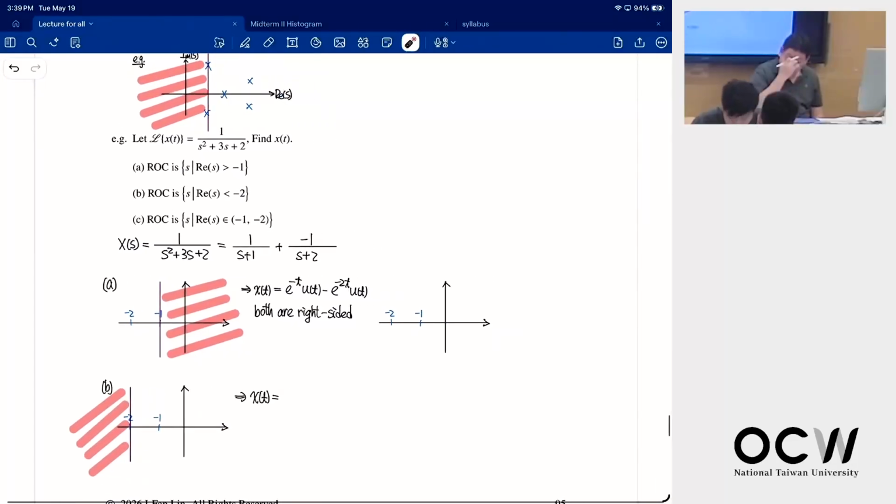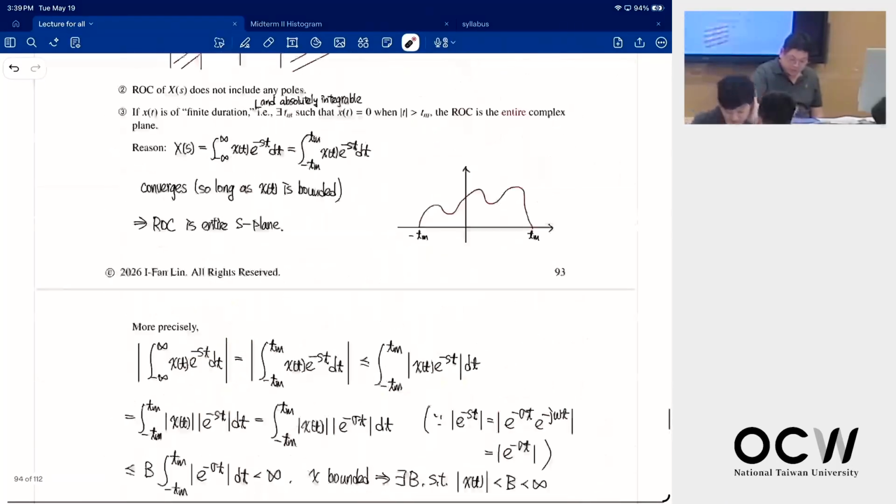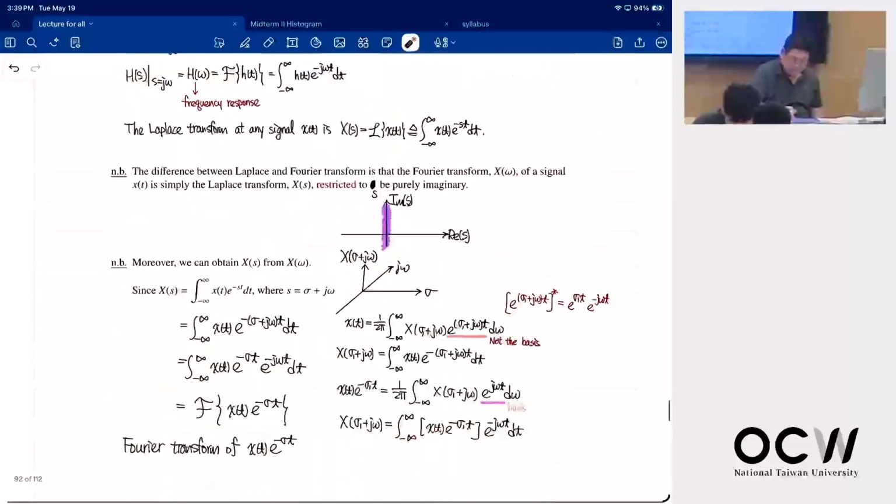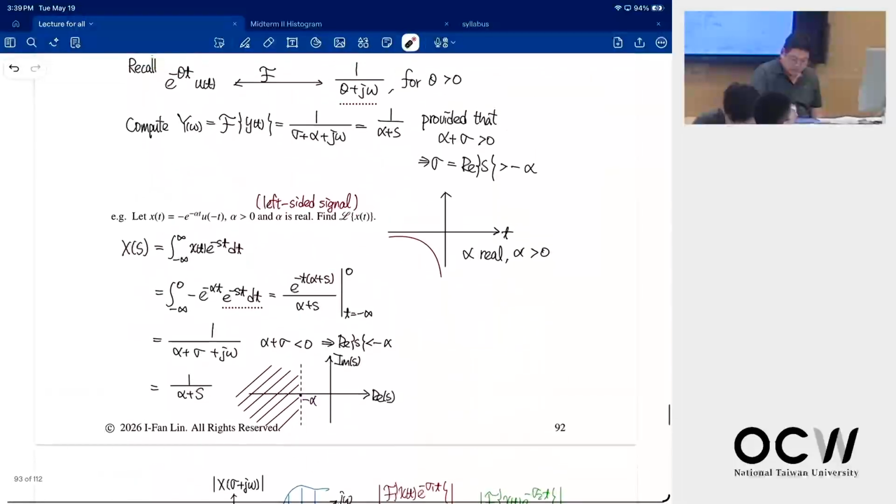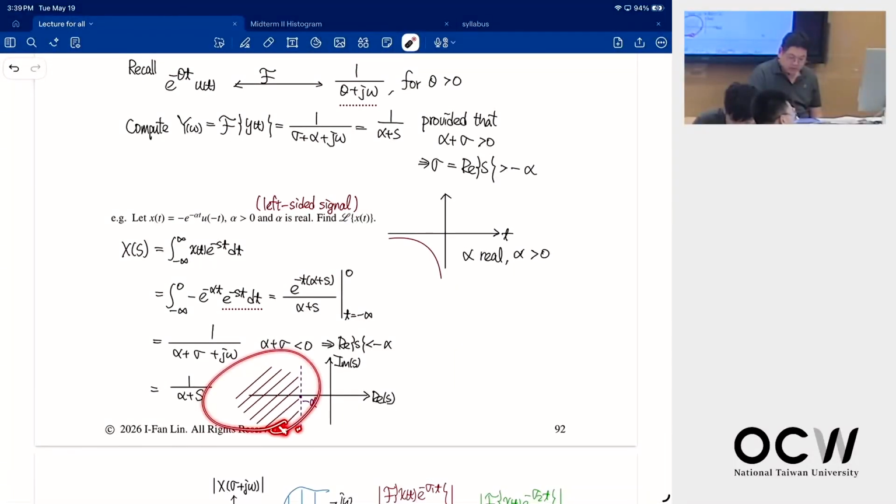Check your notes, right? When can we get this? Minus sign. I also have u of minus t because it is a left-sided signal. I only have values when t is less than 0. Okay?